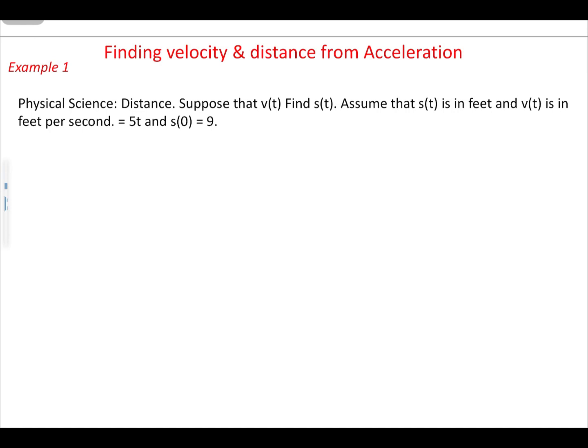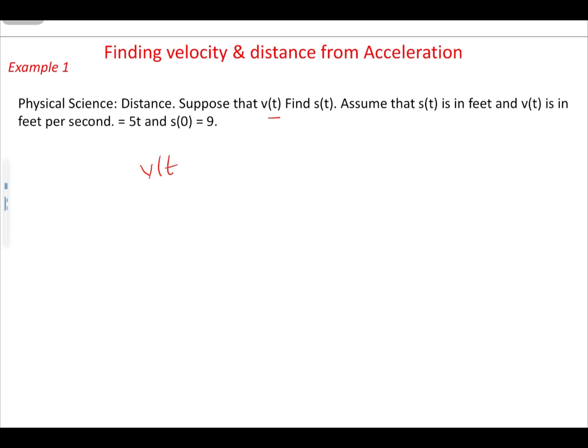This is a simple question that can help you understand whatever concept I'm trying to explain here. So suppose that you have a v of t. I think the function didn't come, so I need to write the function here.